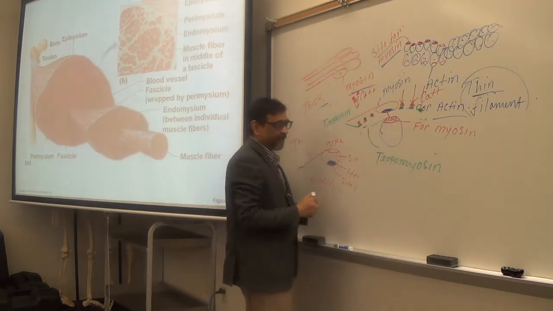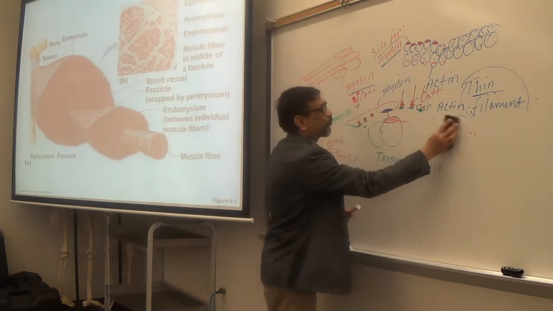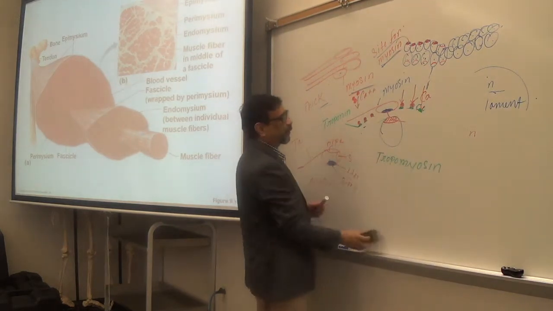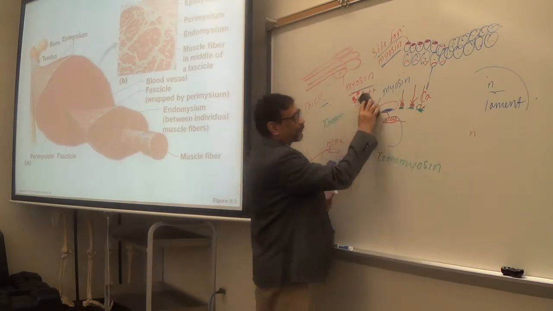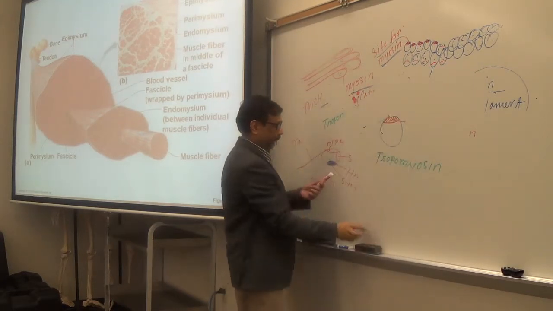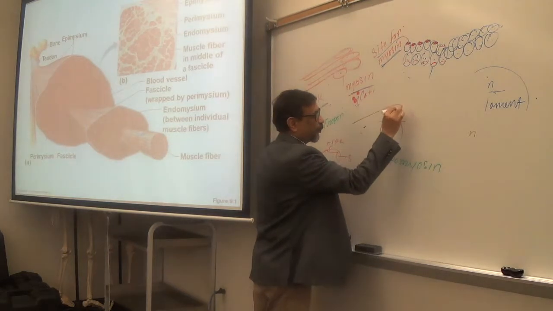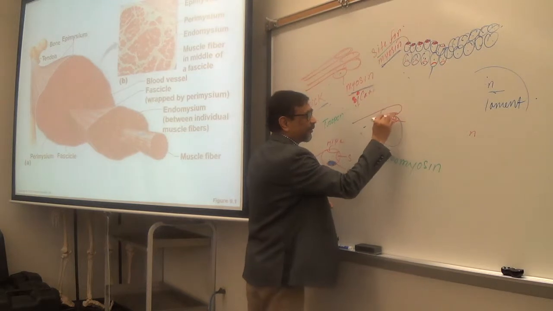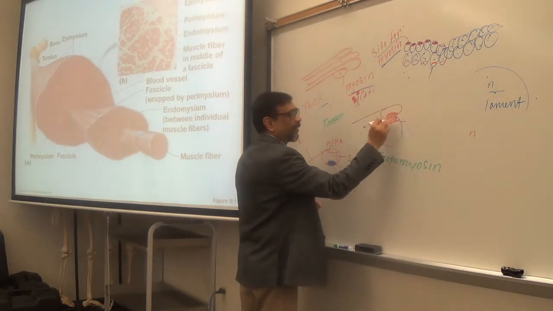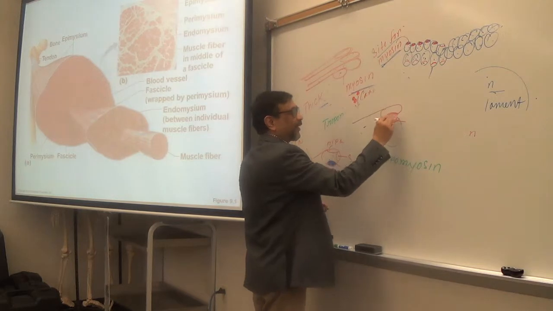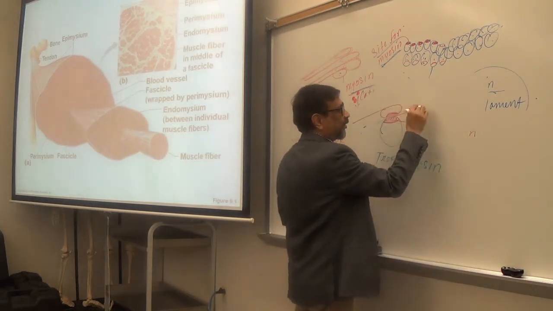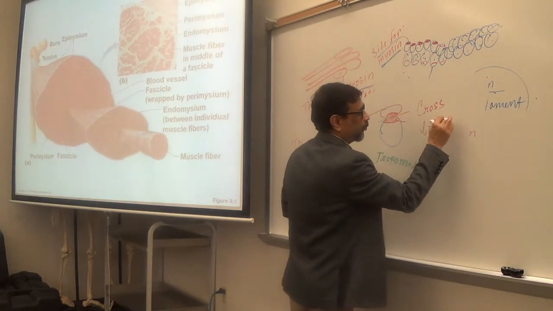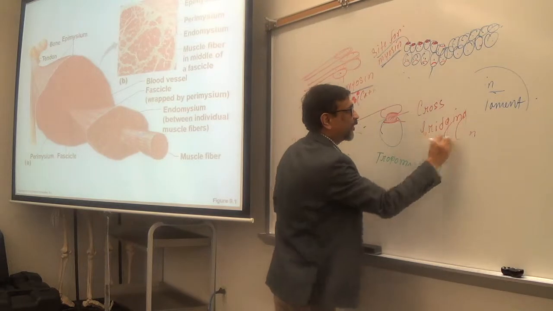And that attachment is called cross bridging. Since the tropomyosin has been removed from there, the myosin head will get attached to the actin ball. And this attachment is called cross bridging. Okay, very important.